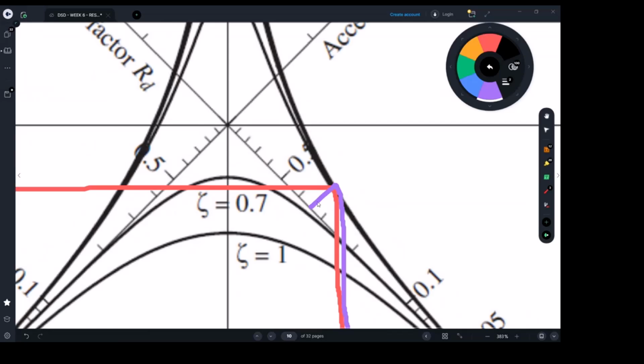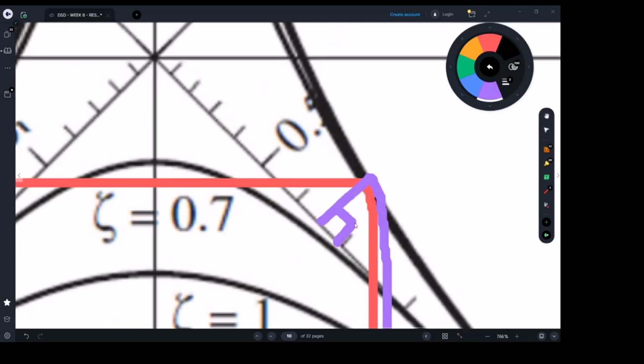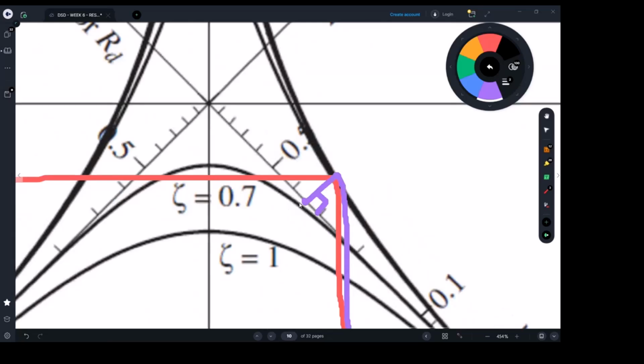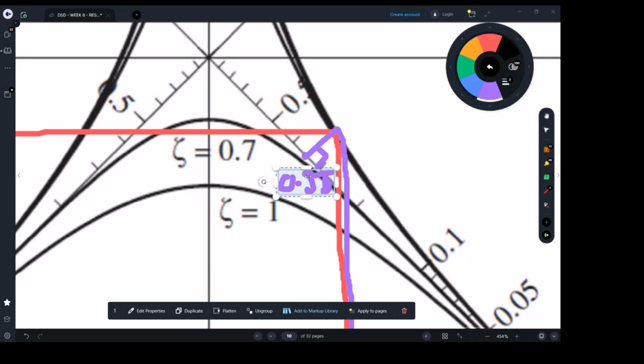The axis I'm talking about here is the deformation. So that's what our measurement is, which is here. So it's actually not 0.5, it should be less than 0.5. So it should be 0.35. Okay, that's the ratio, RD.